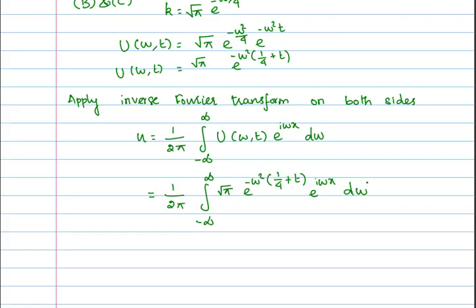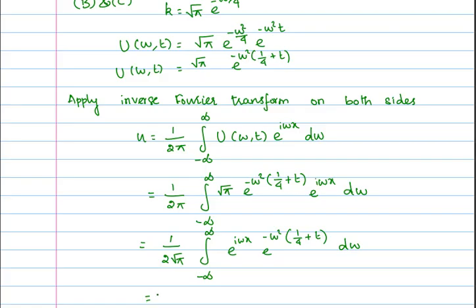Now, I am going to solve this problem. Root pi is outside, so you will get 1 over 2 times square root of pi, integral from minus infinity to plus infinity of exponential of i omega x times exponential of minus omega square (1 by 4 plus t) d omega.